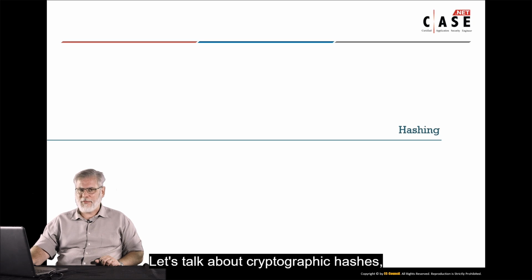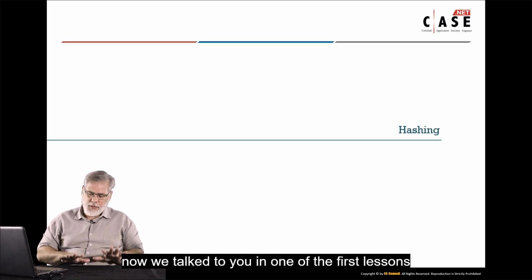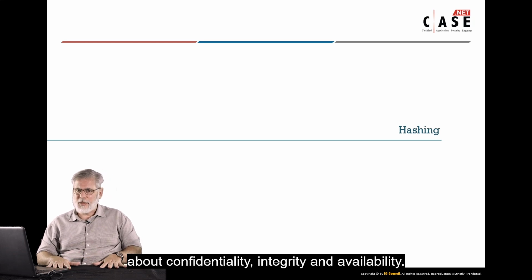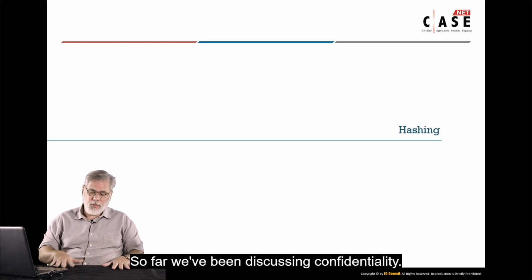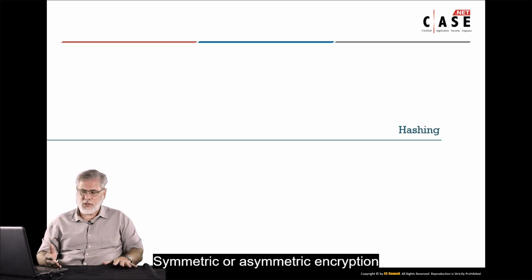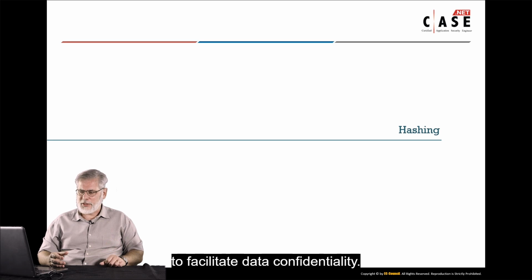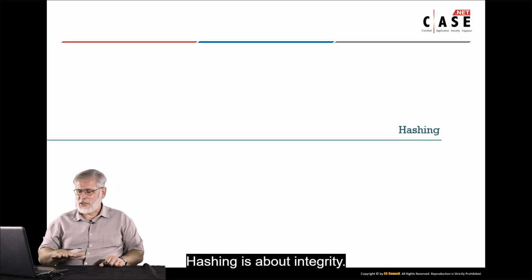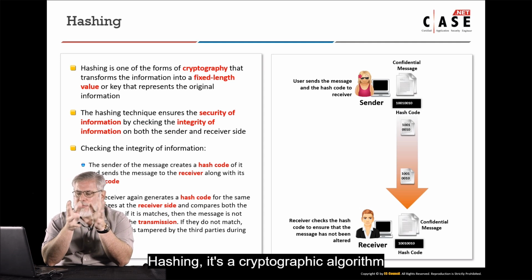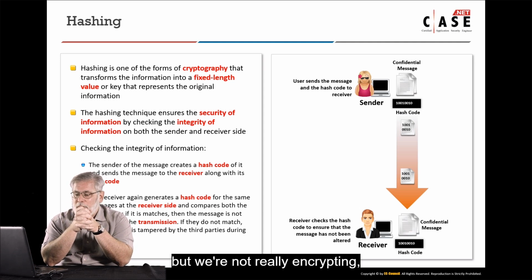Let's talk about cryptographic hashes. Now, we talked to you in one of the first lessons about confidentiality, integrity, and availability. So far, we've been discussing confidentiality, symmetric or asymmetric encryption to facilitate data confidentiality. Hashing is about integrity. Hashing, it's a cryptographic algorithm, but we're not really encrypting.